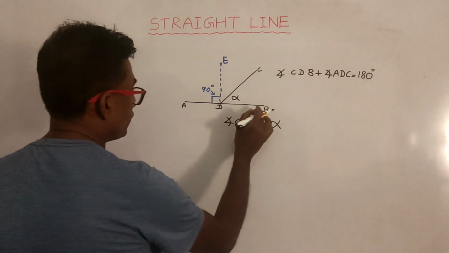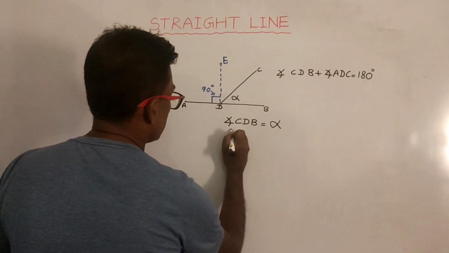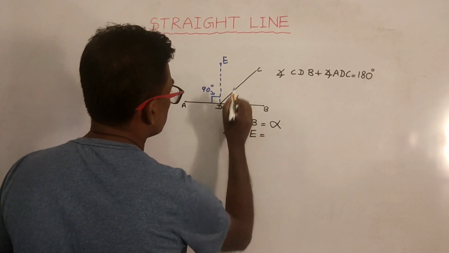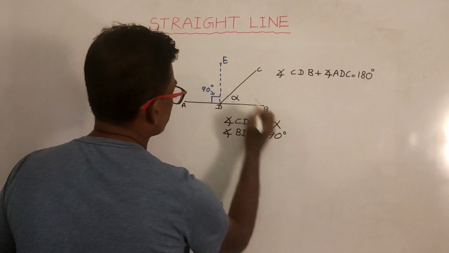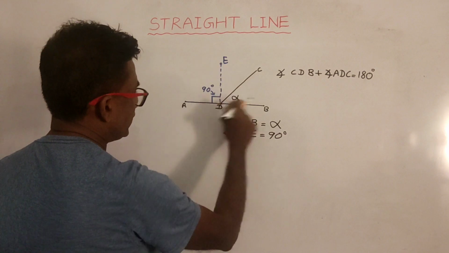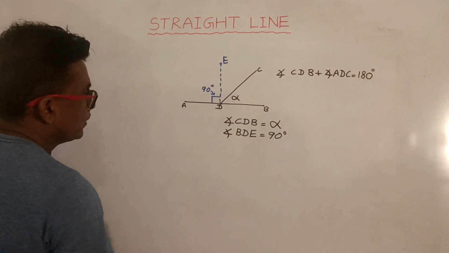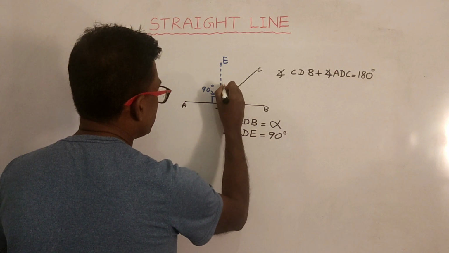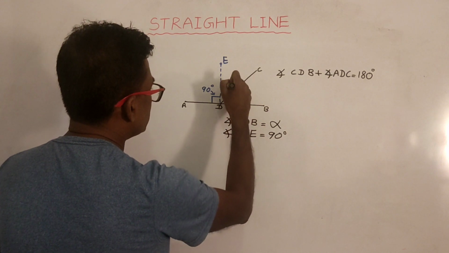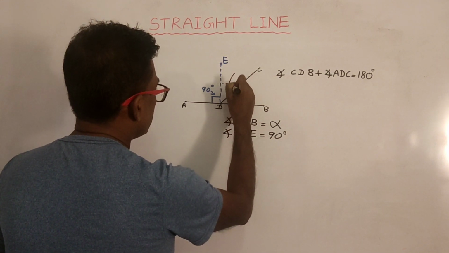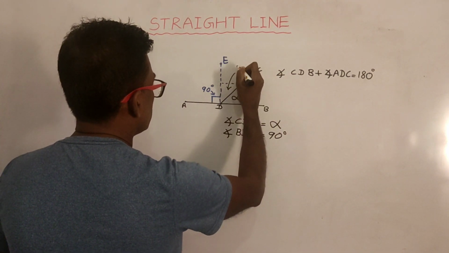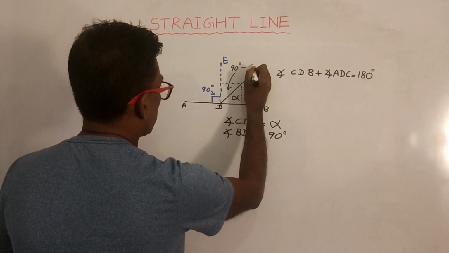Now we already know that angle BDE is 90 degrees, because ED is perpendicular to AB. So angle BDE or EDB is 90 degrees. Because this entire thing is 90 degrees and this part is alpha, the angle between the lines CD and ED is 90 degrees minus alpha.